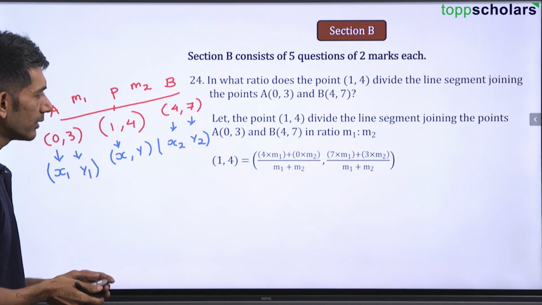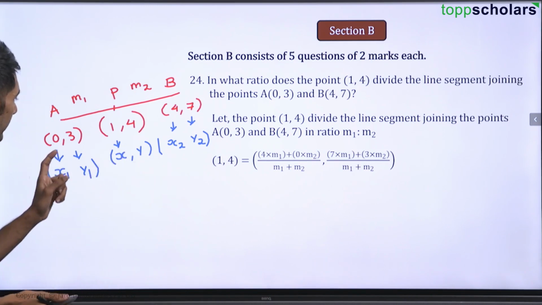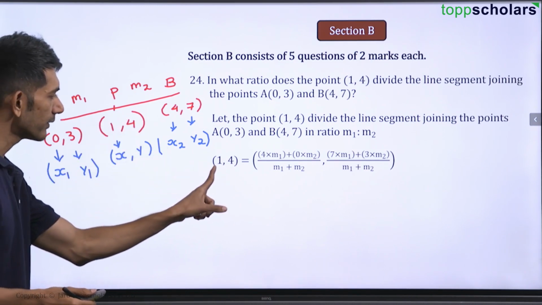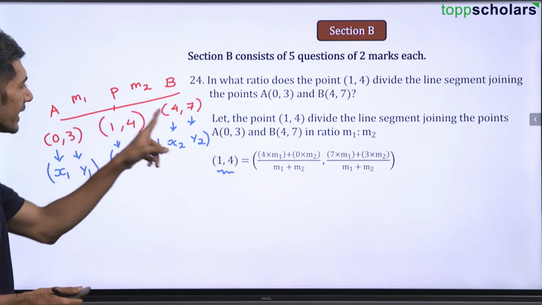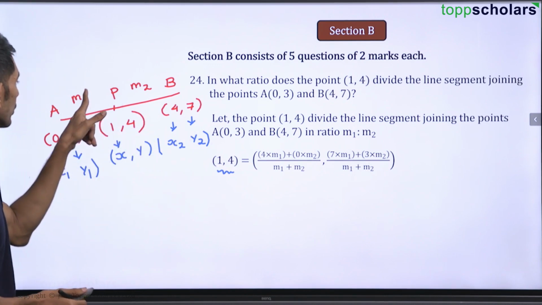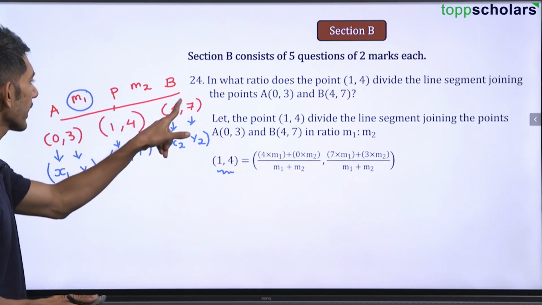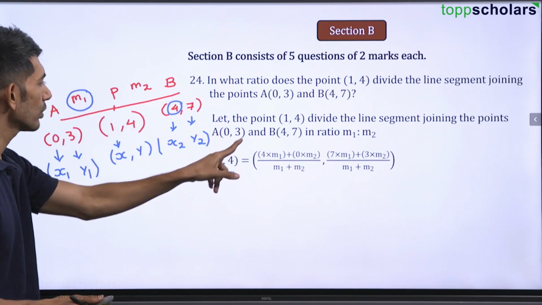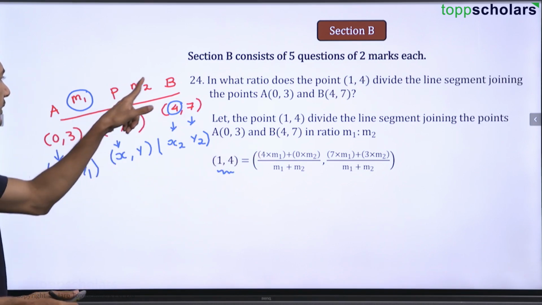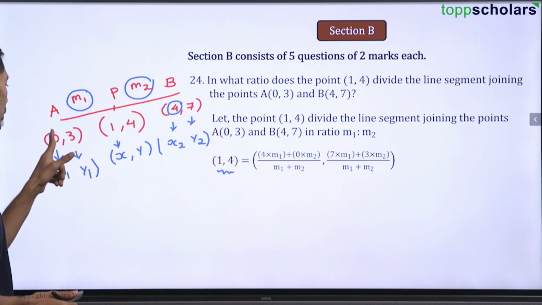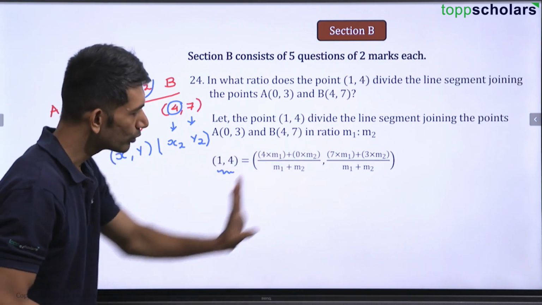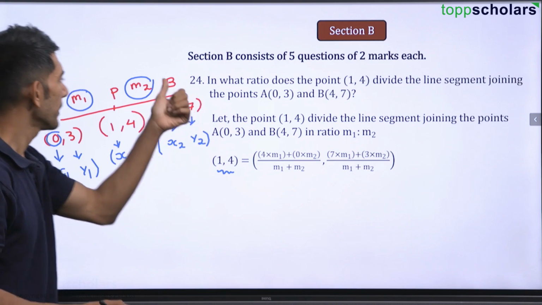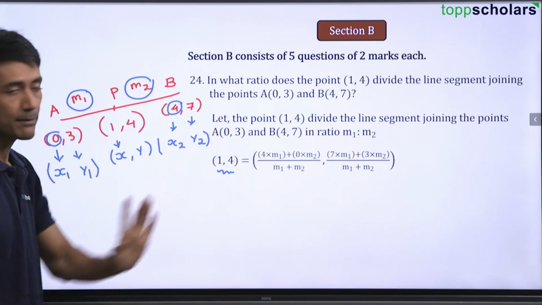What is the formula? See, the formula is (x, y) equal to (m1 x2 plus m2 x1) by (m1 plus m2), that is m1 into 4 plus m2 into 0 by m1 plus m2. There also, m1 into 7 plus m2 into 3 by m1 plus m2.